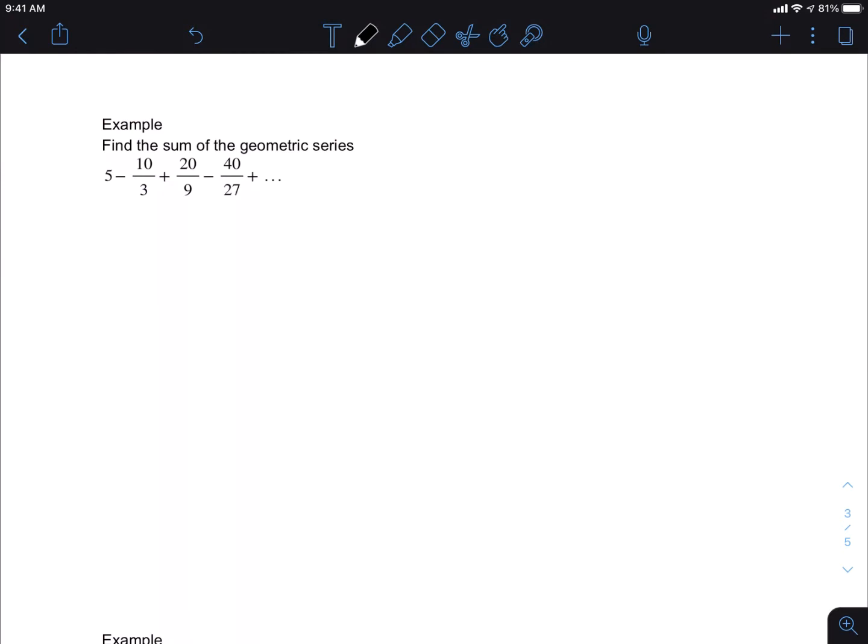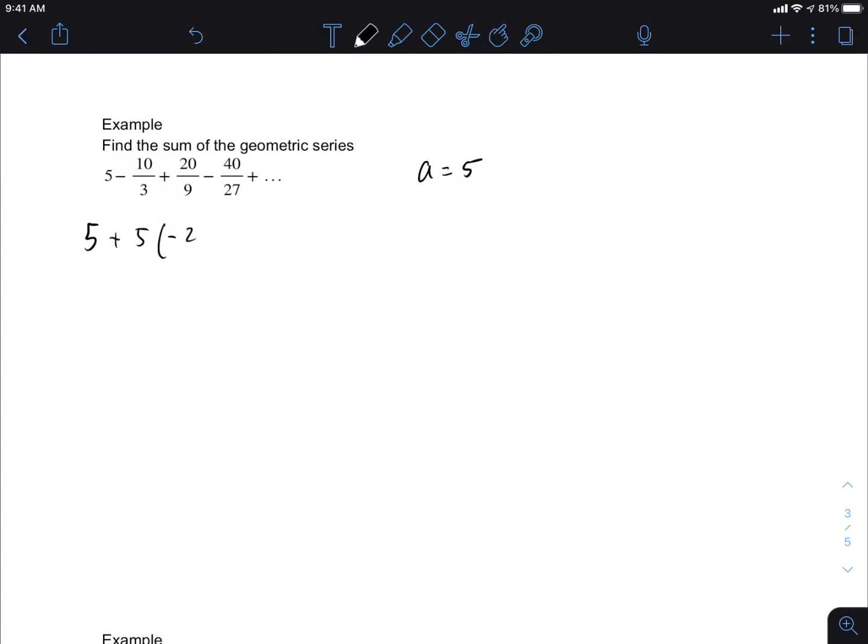So if we have this geometric series, we can see it's alternating. Remember, the first term is always going to be our a. So a is 5, and now we need to see what's happening to each term. Remember, a is part of it times r. So if that's 5, the next one is always a plus, so it's going to be 5 times something that's got to be negative.